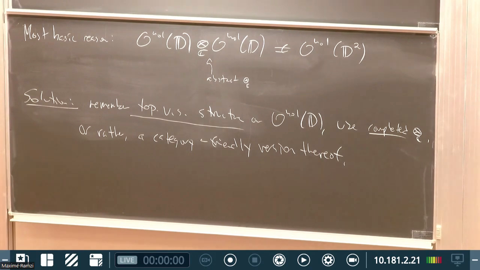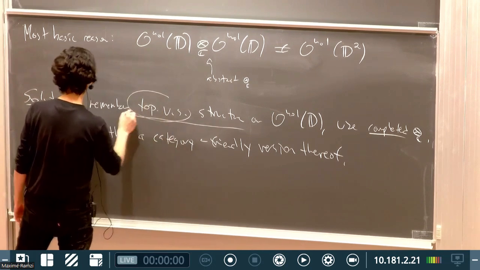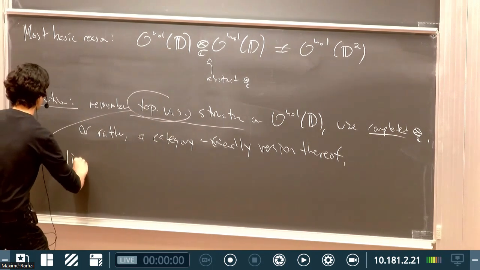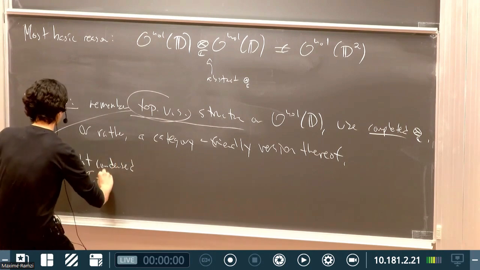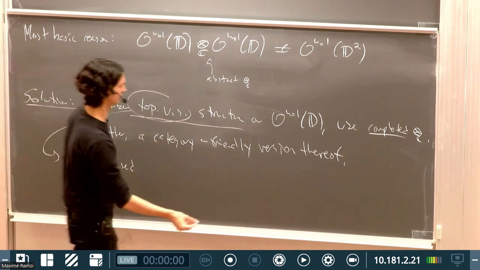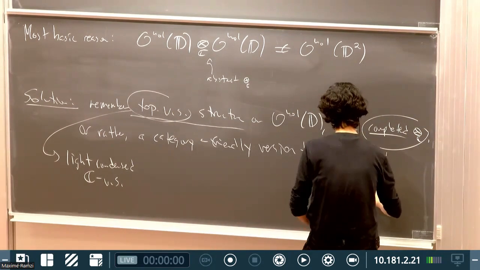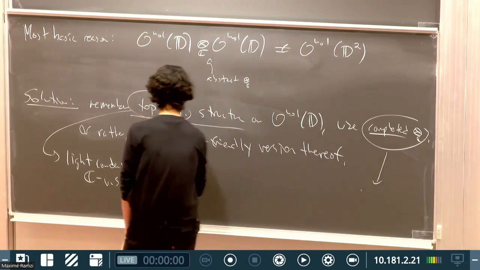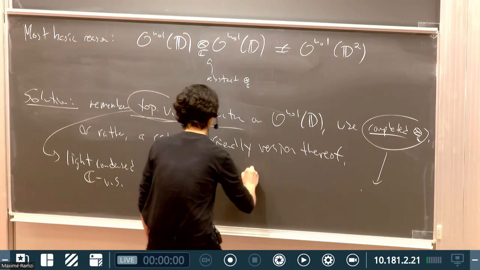So what we're going to do is, instead of talking about topological vector spaces, we'll replace them with light condensed C vector spaces. And instead of completed tensor product, we're going to use something called gaseous. The completeness condition is what's called gaseous.